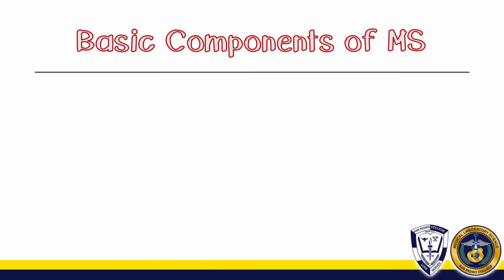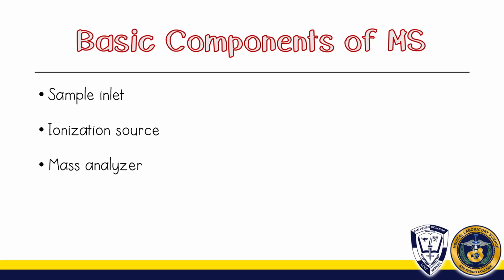So what are the basic components now of your mass spectrometry? We have your sample inlet. Of course, dara na to i-inject ang ato or asa na to i-sulod ang inyuhang sample. We have your ionization source, your mass analyzer, and then your ion detector. Now, kaning electron ionization, this is actually a method that requires a source of electrons in the form of a filament to which an electric potential is being applied.